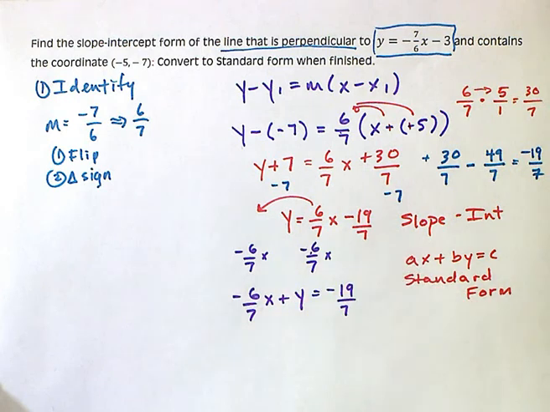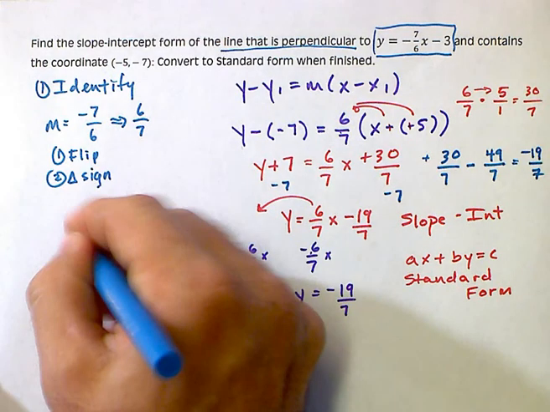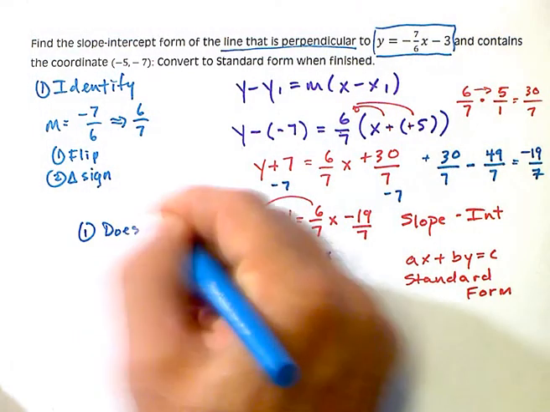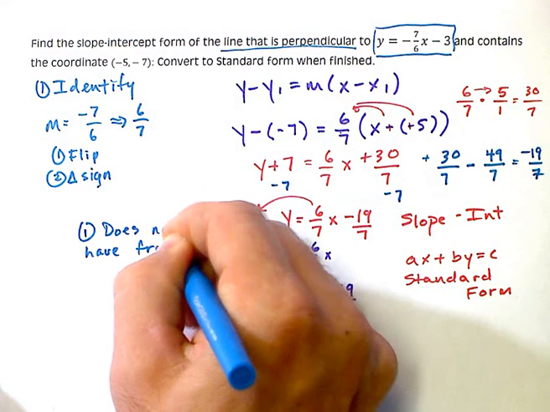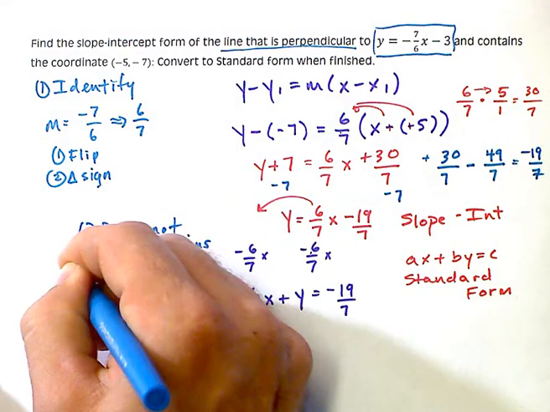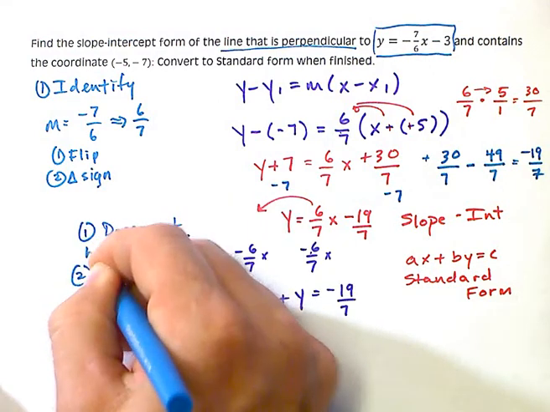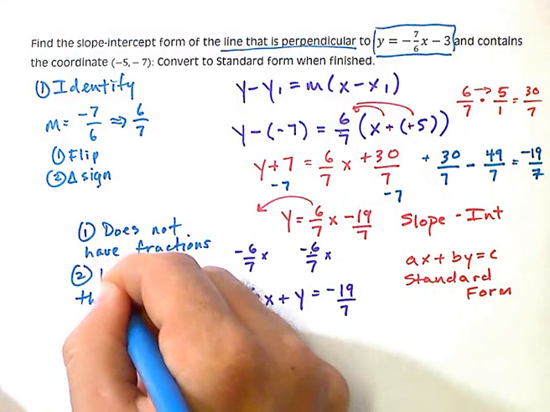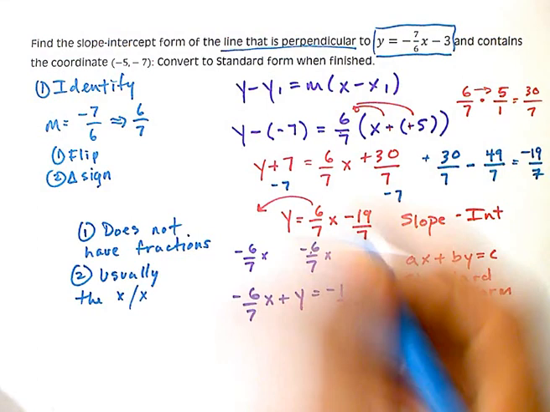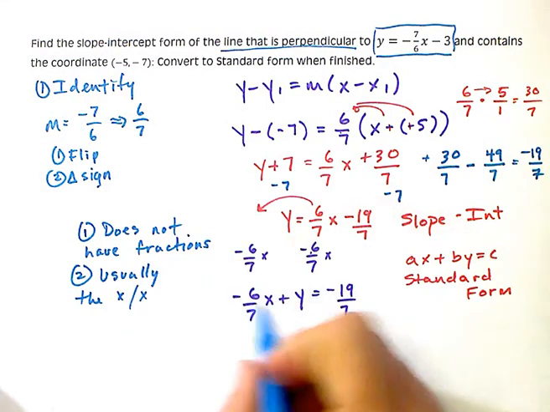Now standard form, you have to consider a couple things. One, it does not have fractions. And usually the x coefficient, so this number in front of x, is going to be positive.